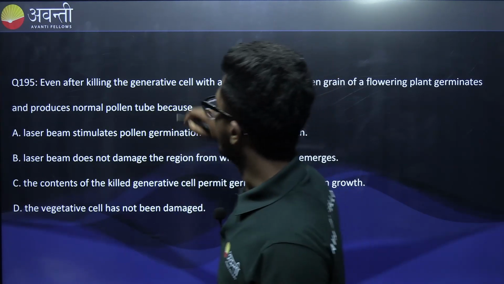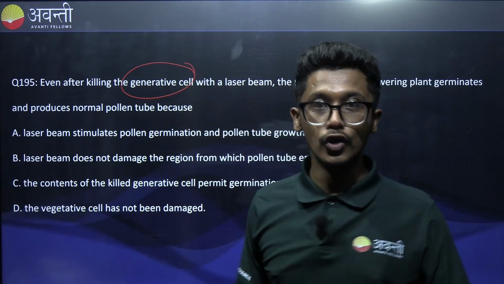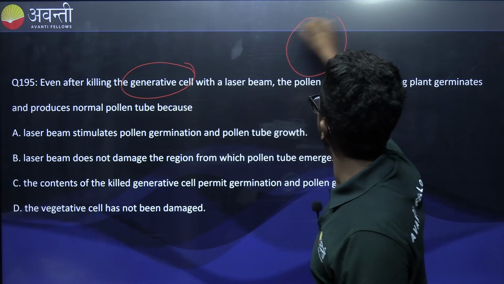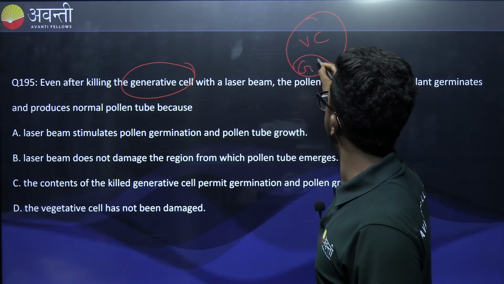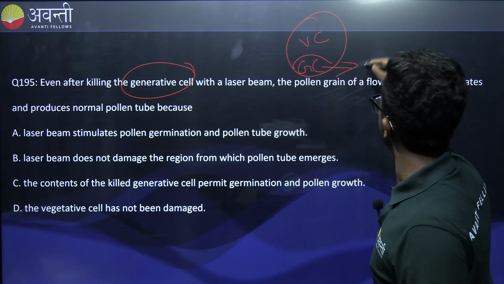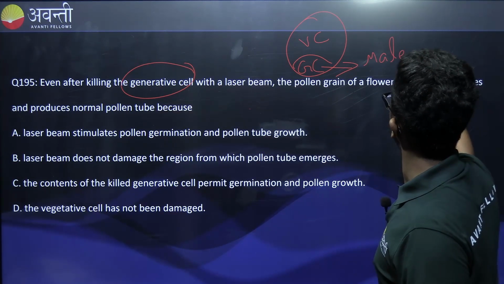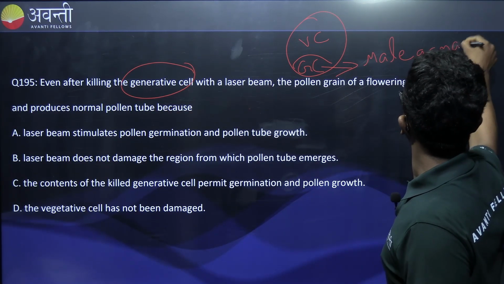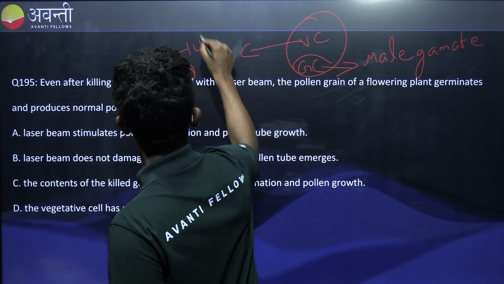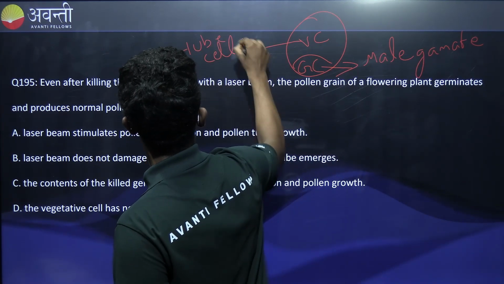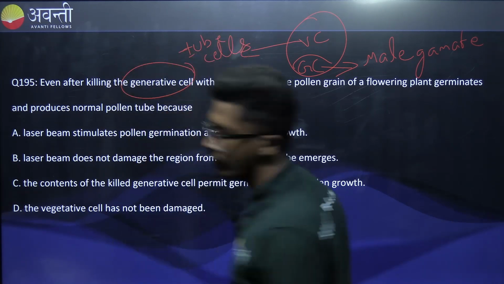Look here. If I kill the generative cell, you know that the pollen grain is made up of two cells: one is the large vegetative cell and the other is a small generative cell. The small generative cell is responsible for the formation of male gametes, whereas the vegetative cell is responsible for the formation of the tube cell.